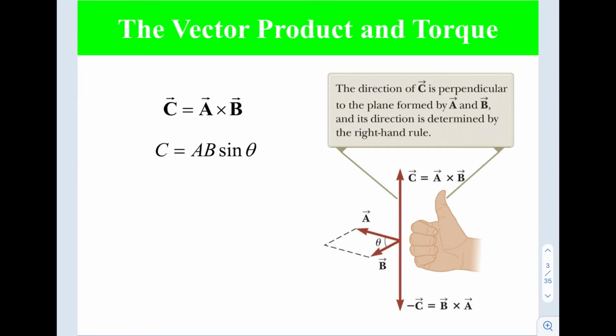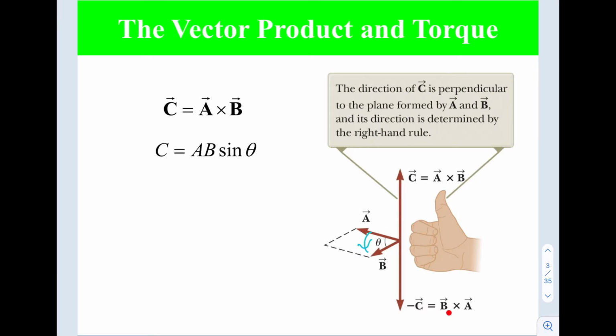So put your fingers along A, since it's A cross B, and then grab towards B, because A is crossing to B. Your thumb is then pointing in the direction of C, the product of A cross B.